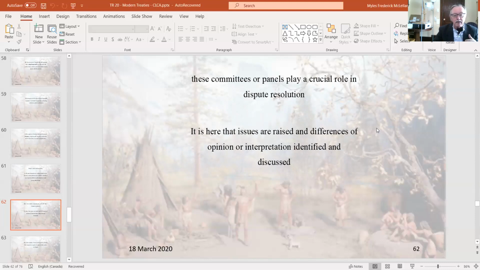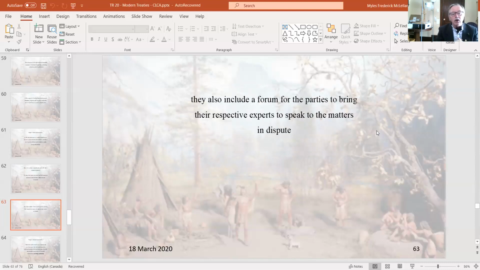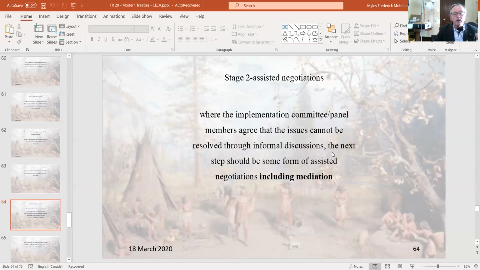They also include forums for the parties to come together, and they can have experts come and speak on the matters in dispute. Say, for instance, if it deals with some kind of resource extraction in the territory, and how that can best be handled properly, most particularly for the benefit of the Indigenous peoples within their territories.